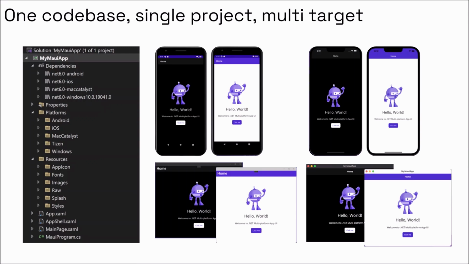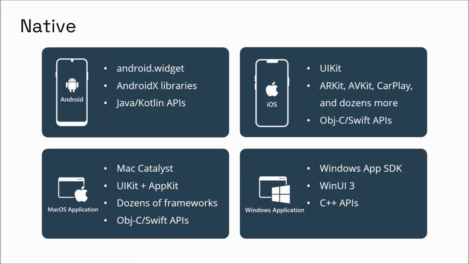What you'll get at the end will be all native applications. So you'll have exactly the Android APK or AAB package, the IPA for iOS, your macOS and Windows application, and everything you have at the end. You don't need to create a lot of layers between your application and the actual platform you are running on.